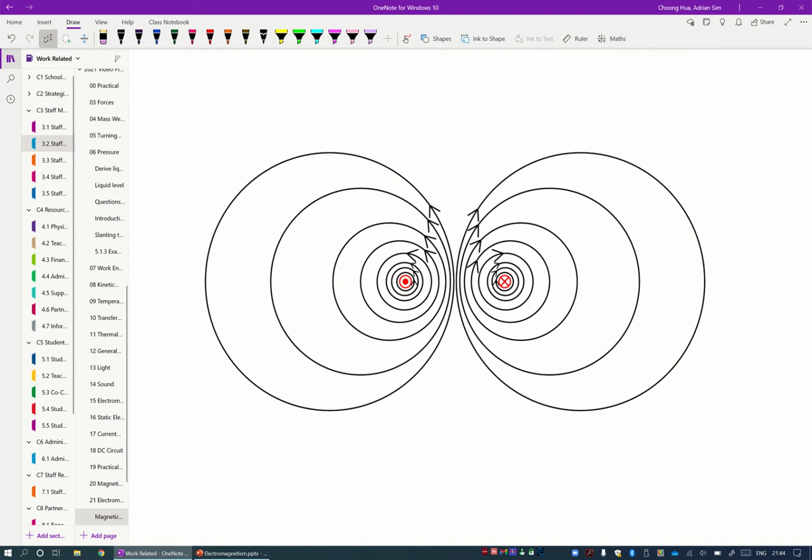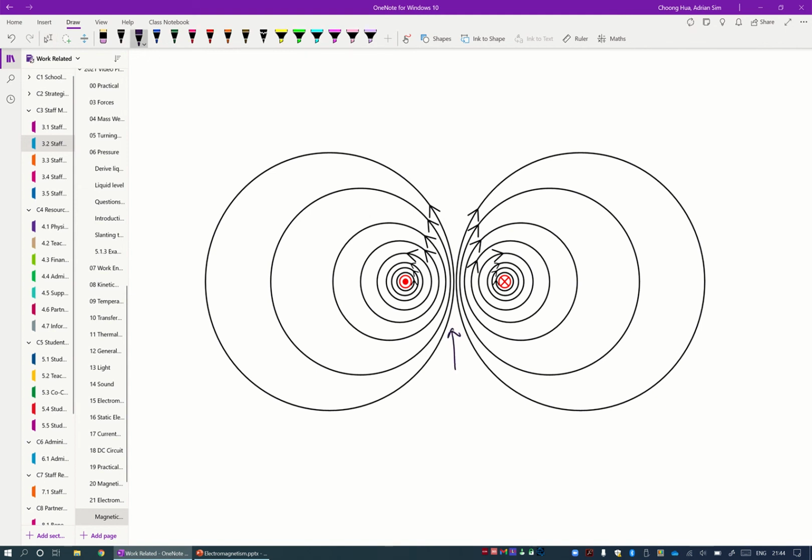And in an earlier video, we said that when the magnetic field lines are closer together, the magnetic strength is actually stronger, right? So over here, we see that since the directions are all in the same direction, when you push them closer, there's no cancellation. So the number of magnetic field lines increases.